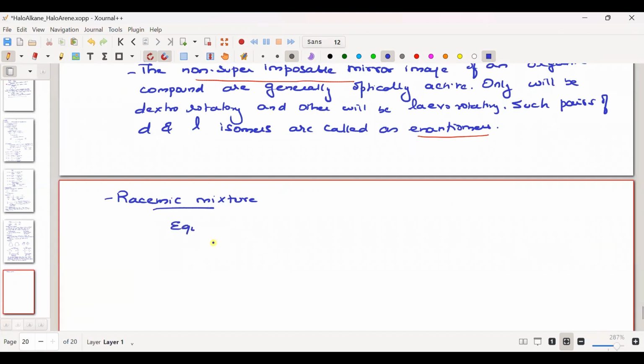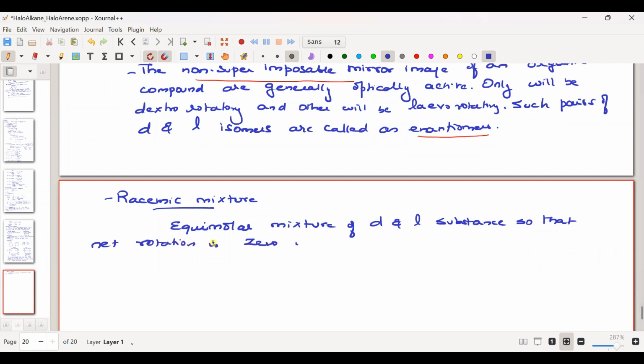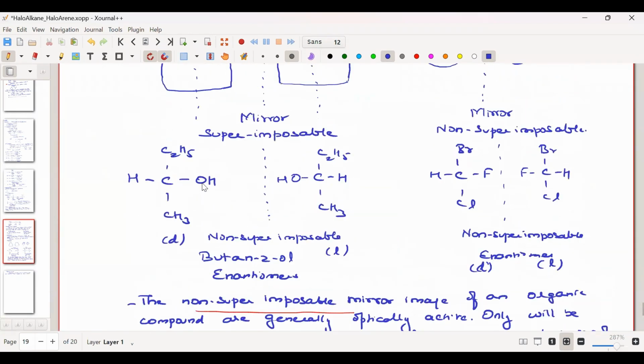A racemic mixture is an equimolar mixture of D and L substances, so that the net rotation is 0, is called a racemic mixture. For example, the compound butan-2-ol. If I take only this, let's say this is dextrorotatory, this will be levorotatory.